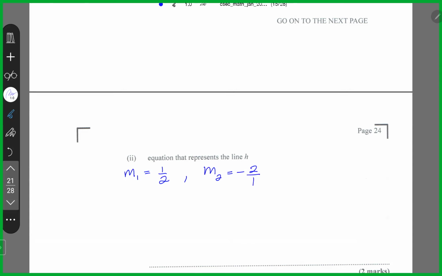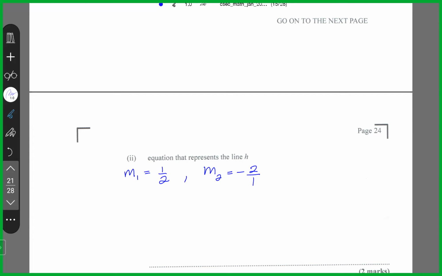If two lines are perpendicular, the gradient of one is the negative reciprocal of the gradient of the other. In other words, if I know the gradient of one, to get the gradient of the other, I invert the gradient and change its sign.